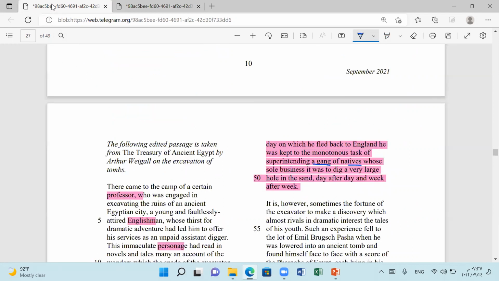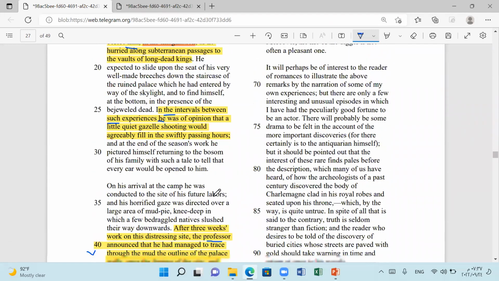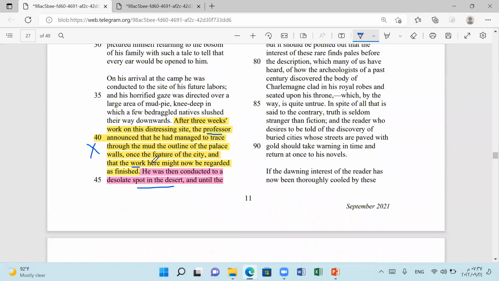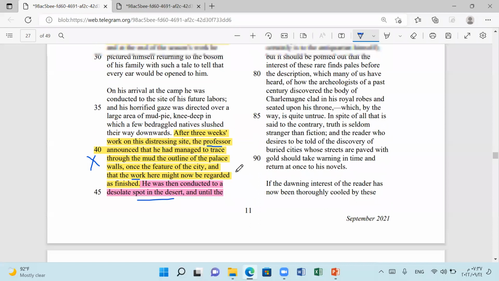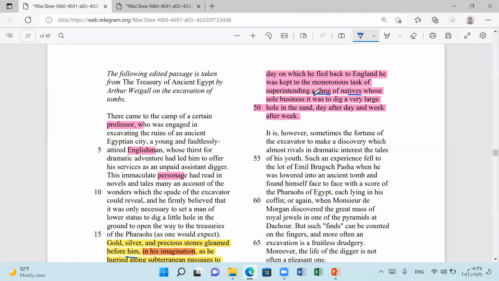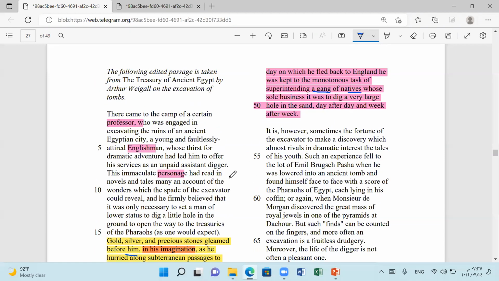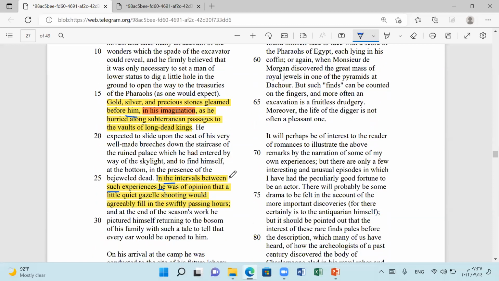The best citation shouldn't include any main focus related to another element, like the work or the gang of natives. My main focus is on the professor himself and the description of him.